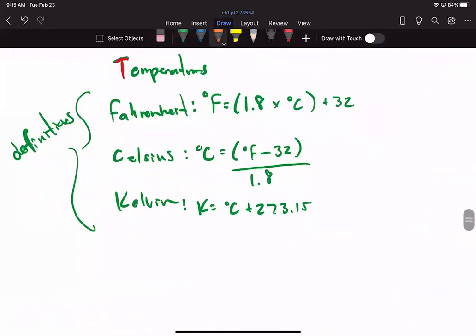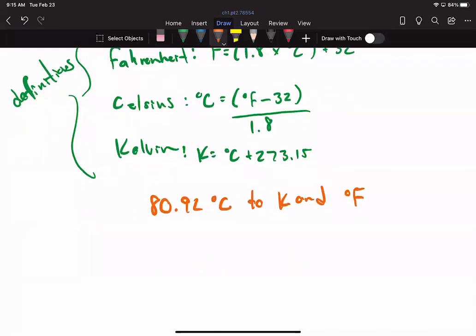So let's see if we can calculate something here. So let's calculate 80.92 degrees Celsius. Let's convert that to Kelvin. And let's convert it to degrees Fahrenheit. All right, so as far as Kelvin goes, Kelvin is equal to degrees Celsius plus 273.15, so we have 80.92 plus 273.15.